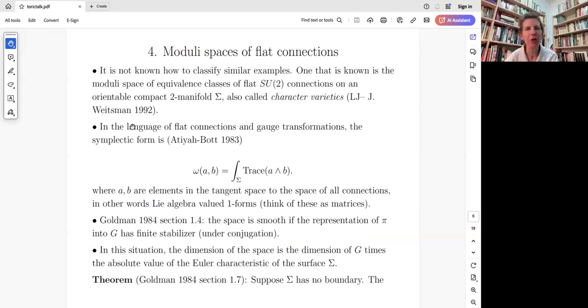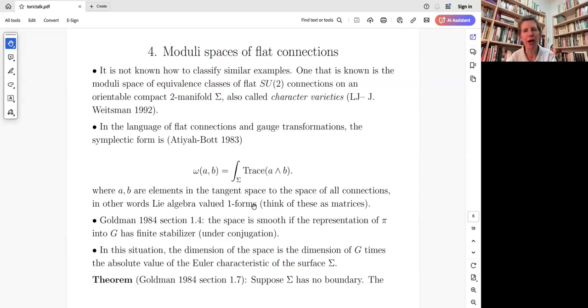In the language, I should have mentioned, I think everyone knows that coadjoint orbits are symplectic manifolds. The symplectic form on those is the Kirillov-Kostant-Souriau symplectic form. On the character variety, the symplectic form is written in the language of flat connections. The tangent space to the space of all connections is the space of Lie algebra valued 1-forms.